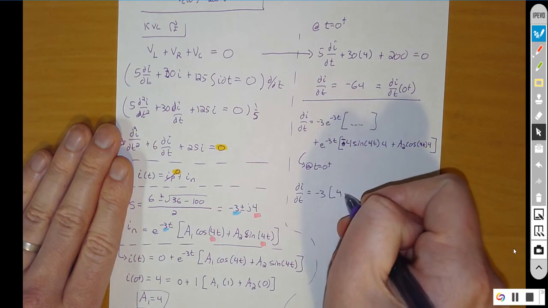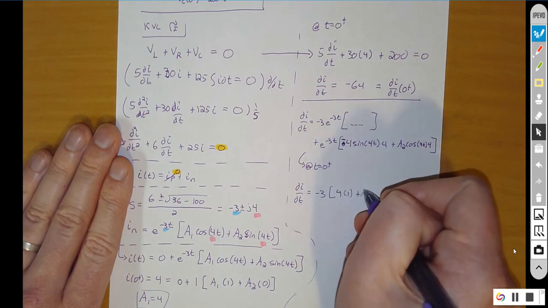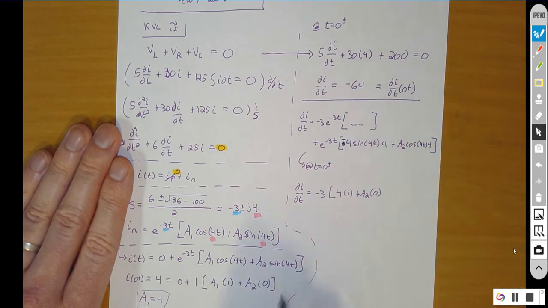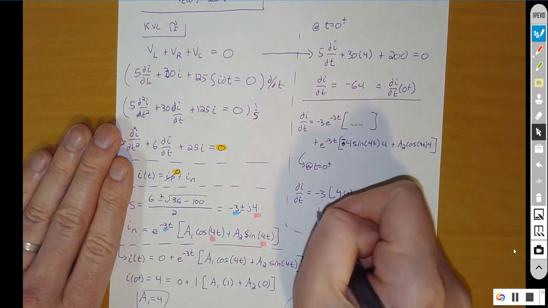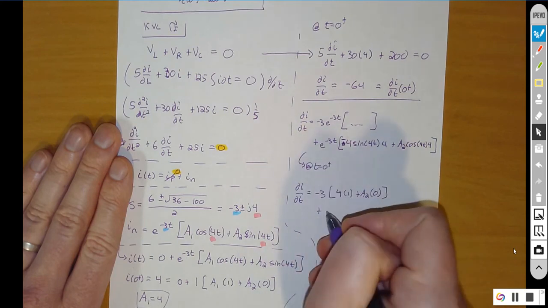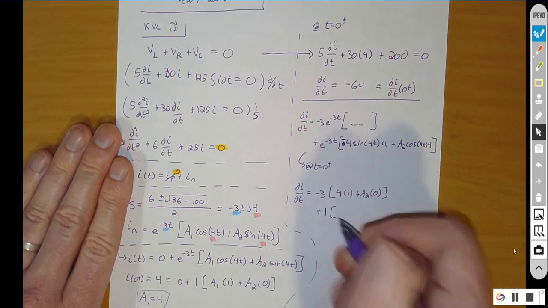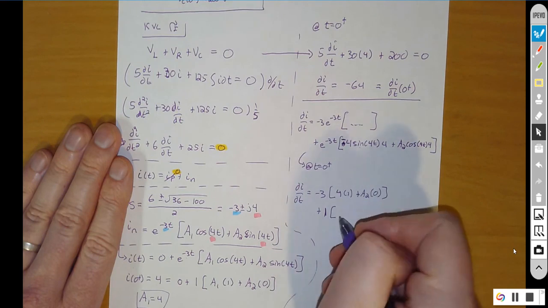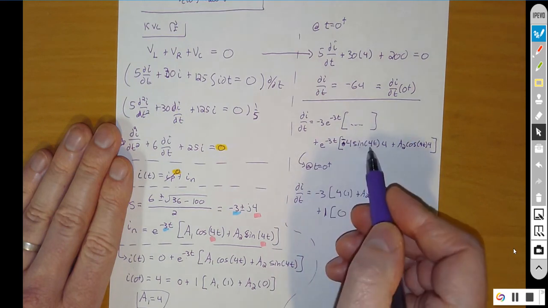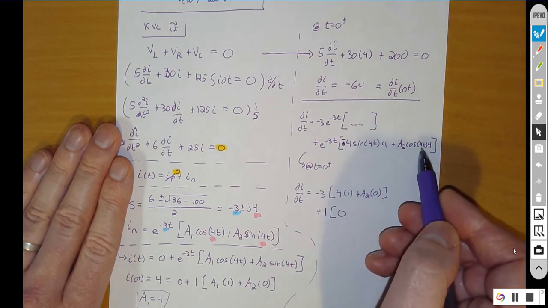So 4 times 1 plus a2 times 0, because again, sine of 0 is 0. This becomes a 1. This becomes a 0, because I'm taking sine of 0. This becomes 4a2.